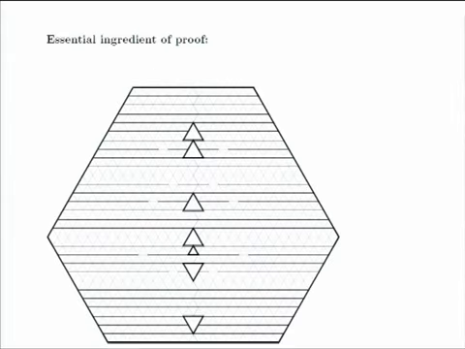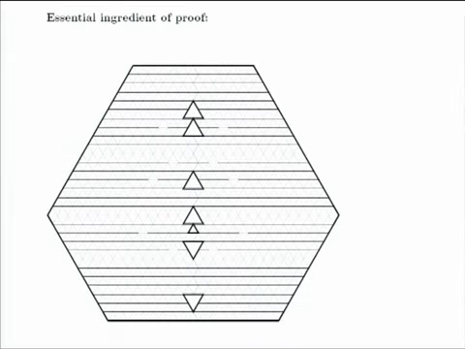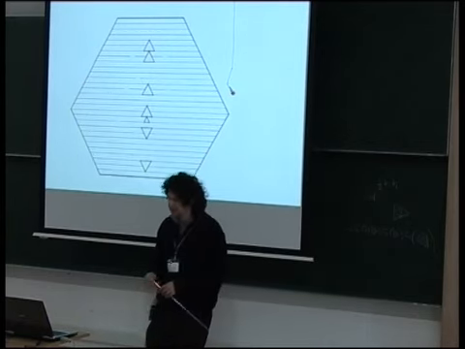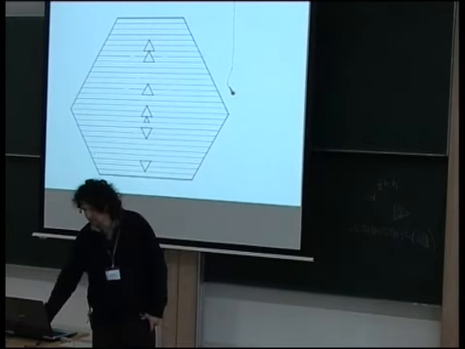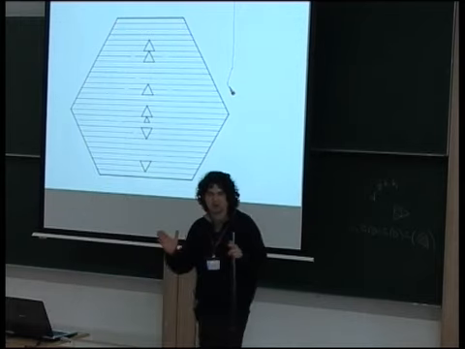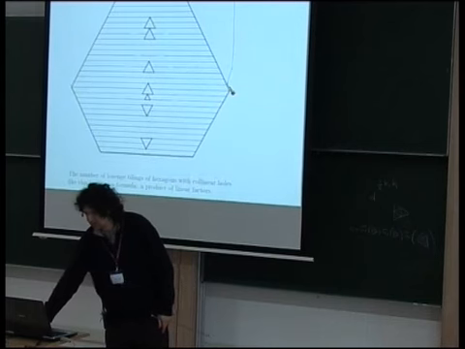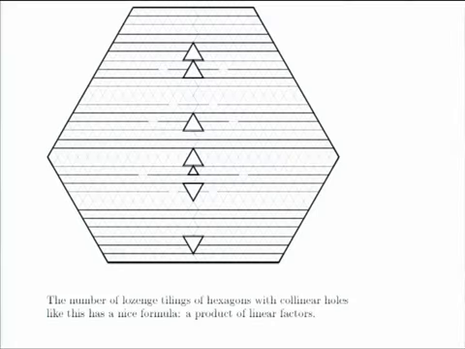Okay, so an essential ingredient of the proof is the fact that if the holes are collinear, this number of tilings is a very, very nice number. It's as nice as MacMahon's number. Remember, MacMahon's number was this triple product of simple ratios. So here, the number of lozenge tilings of hexagons with holes like this is morally just as nice as that.